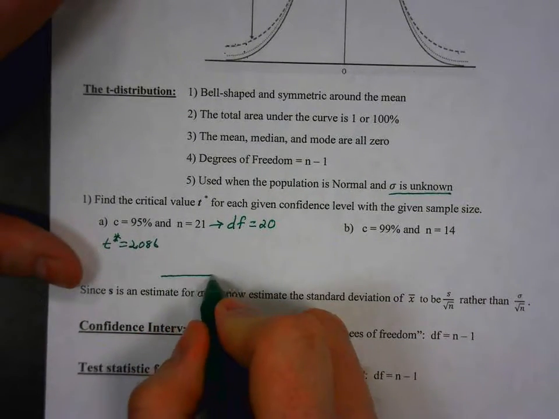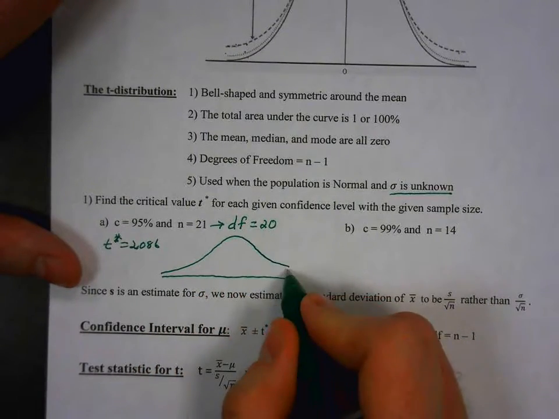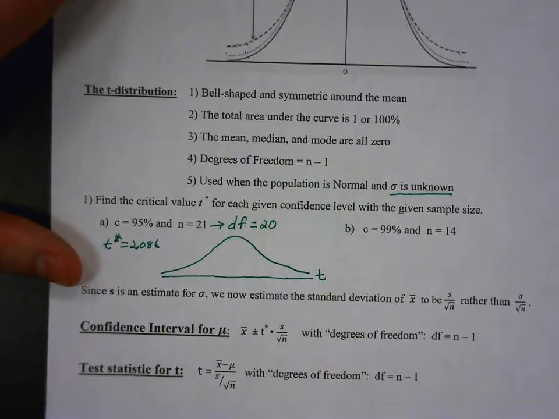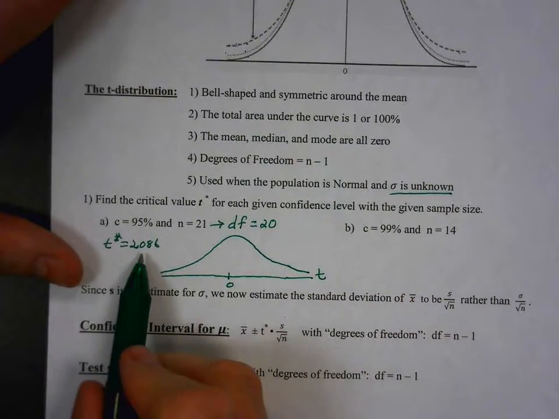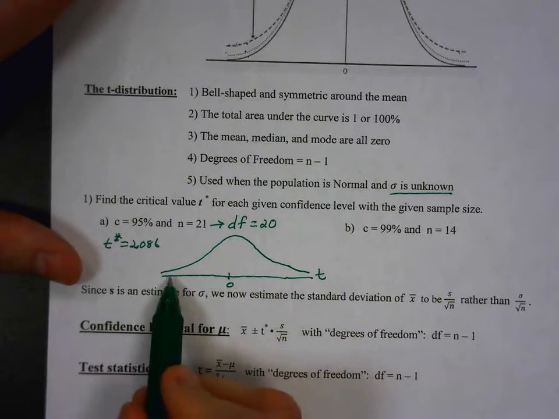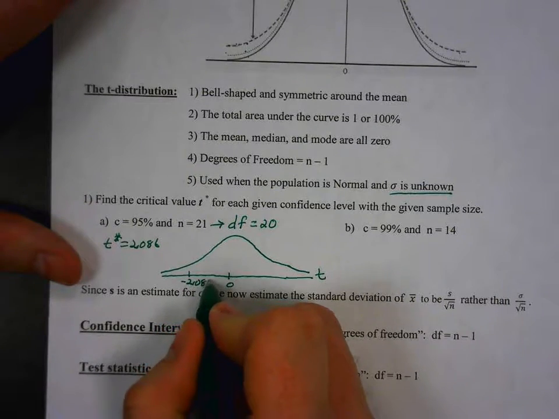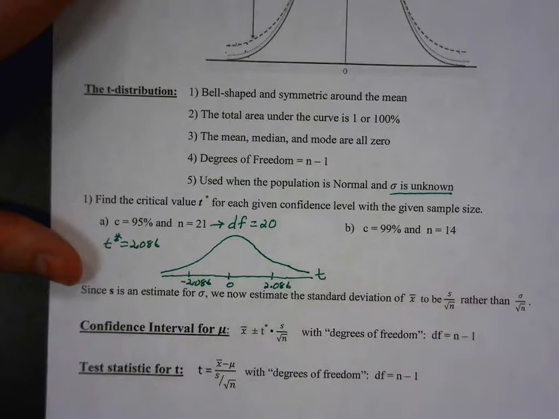In terms of the curve, if we draw a T distribution, now we're looking at T instead of Z. Remember that 0 is right in the center. So for that T star value, 2.086, on either side of the center we'd have a negative 2.086 out this way and a positive 2.086 out this way.